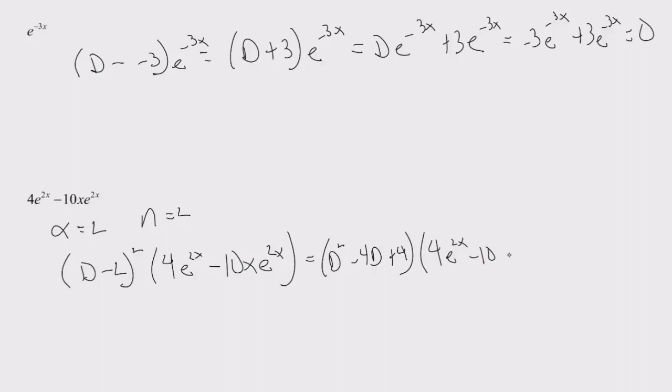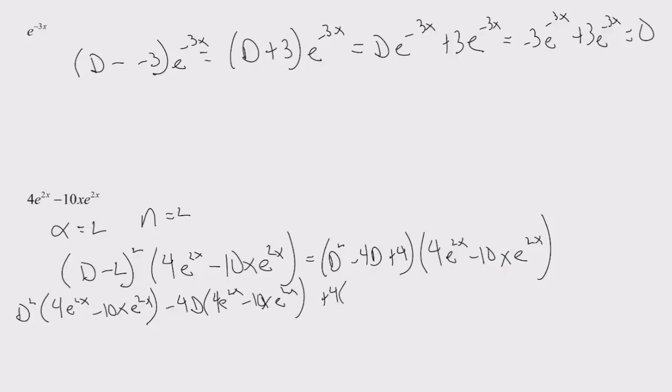I'm going to do this term by term: d squared of 4e to the 2x minus 10x e to the 2x, minus 4d of the same expression, and then plus 4 times 4e to the 2x minus 10x e to the 2x.